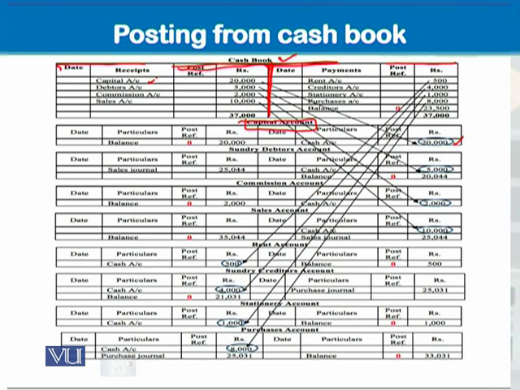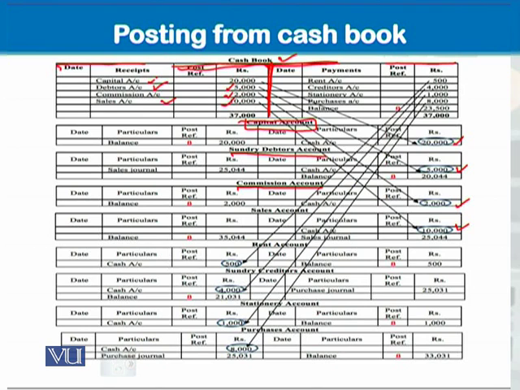Take the second thing, received from debtors 5,000, appearing in the debit side, put it in the credit side over here. Okay. Then commission received 2,000, appearing in the debit side of cash, in this commission account, credit side. Okay. Well, and then sales 10,000, place in the credit side.